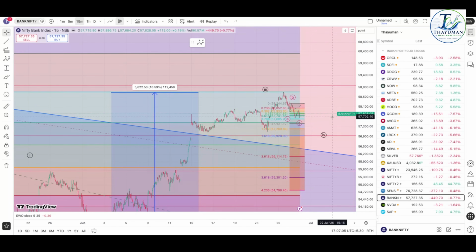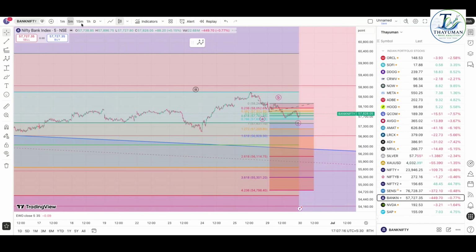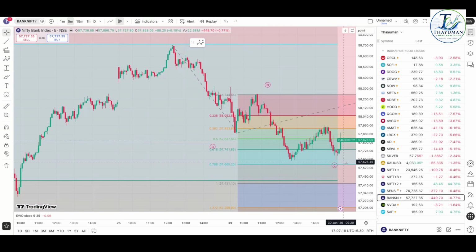So at this point, if we think wave 4 is already ended, we should not have anything below 57,650 tomorrow.